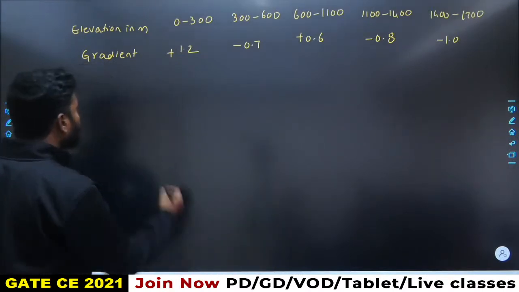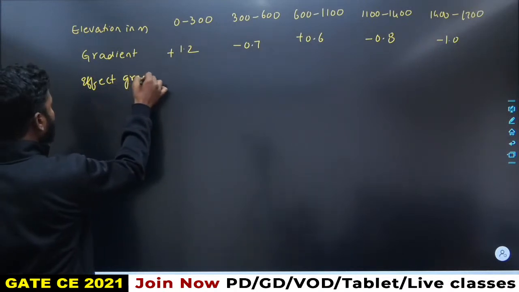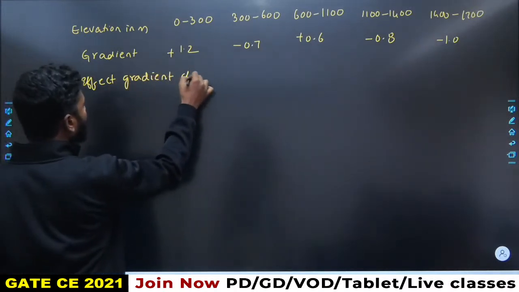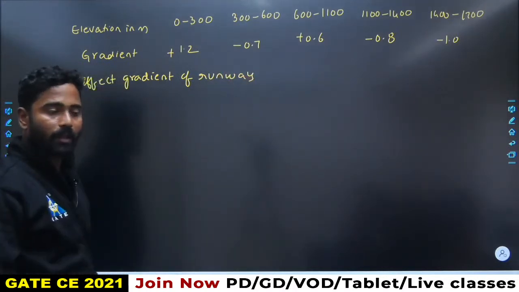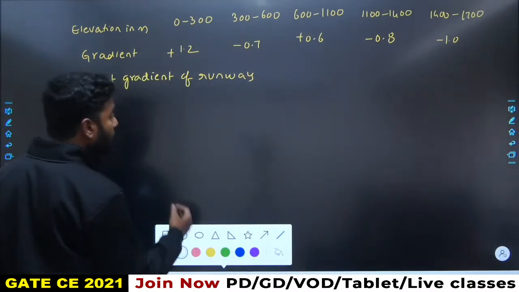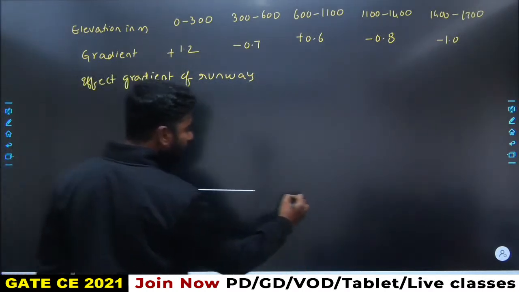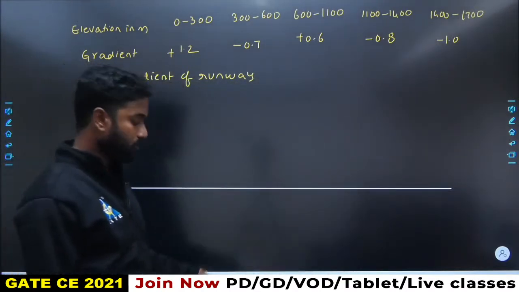He is asking us to find out the effective gradient of the runway. You are getting it? See, yesterday when we solved this question, we got some new questions, so try to follow this if you have any doubts.